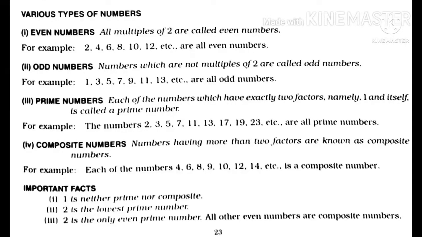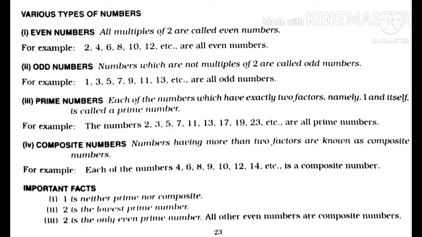are all odd numbers. Next is prime number. What are prime number? Each of the numbers which have exactly 2 factors, namely 1 and itself, is called a prime number. For example, 2, 3, 5, 7, 11, 13, all these are prime numbers. Composite number. What are composite numbers? Numbers which has more than 2 factors are called composite numbers.